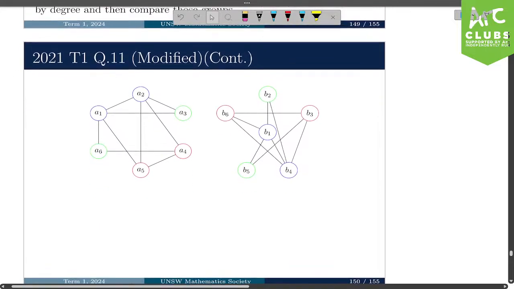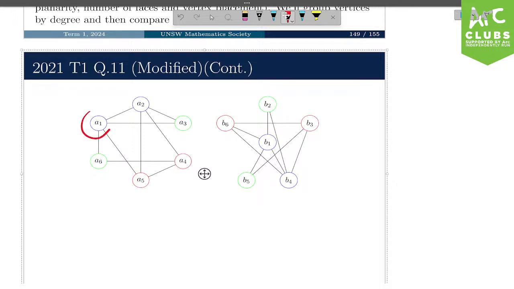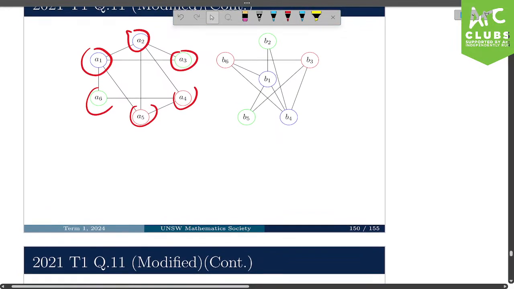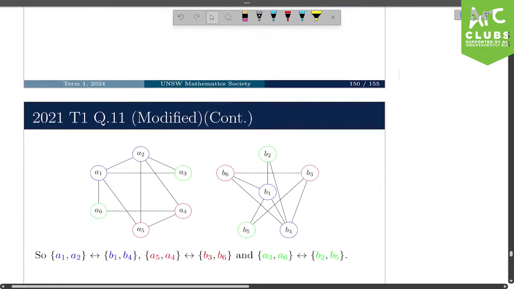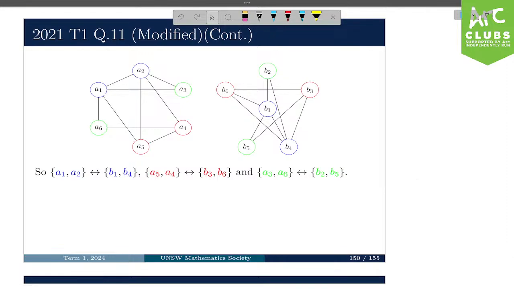Okay. Let's look at these graphs again, and we're going to color them by their degrees. So we see we have 4 degree 4 vertices here, okay, 2 degree 3 vertices, and 2 degree 2 vertices, okay, and similarly on the right, okay. So we've got some hints that they might be isomorphic, and then we try and construct a vertex mapping. So we can see A1 can be mapped to either of the degree 4 vertices, right, because vertex degrees must be preserved.